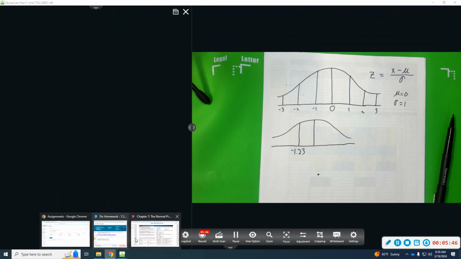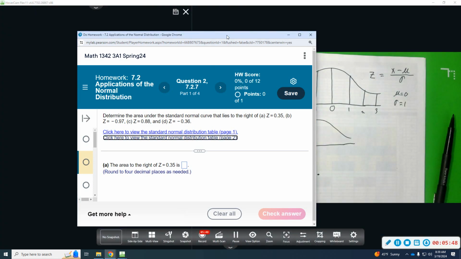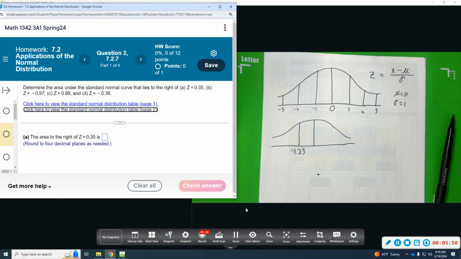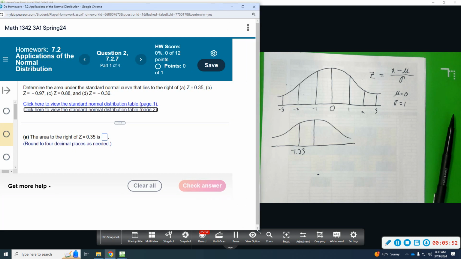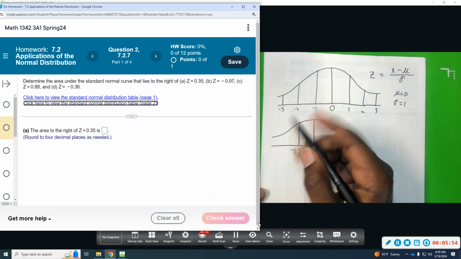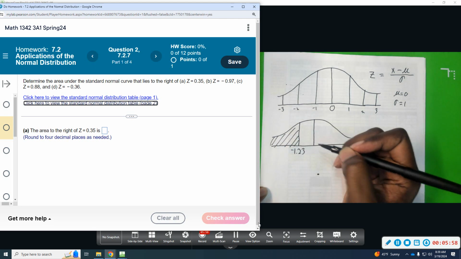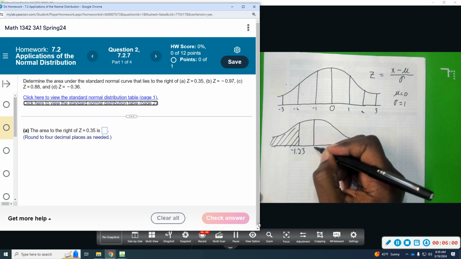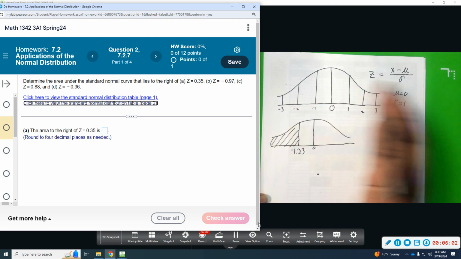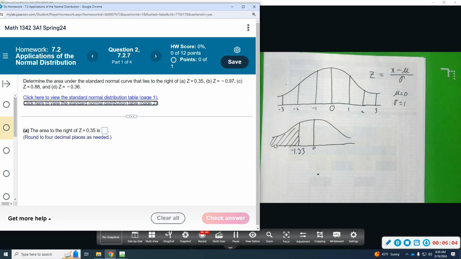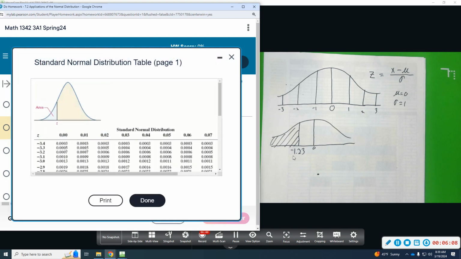So if we wanted to find the area to the left of negative 1.23, which would be this side, it's going to be less than 50%, because half is 50 and the right half is 50. We do know it's going to be less than 50%. We're going to look at the first table, which is the negative numbers. I'm going to go to negative 1.2 and then go to where it meets column 3.